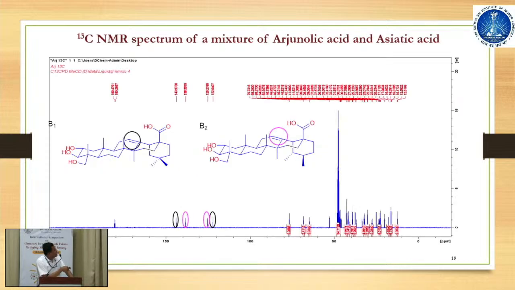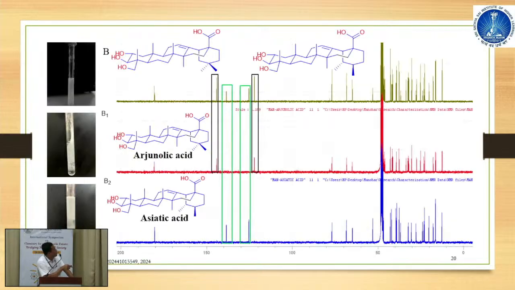Now if you see the 13C NMR, if both are present in the compound, you can see these 4 peaks here, and there are two peaks here. The pink colored circled peaks are of asiatic acid, and the dark black circles are of arjunolic acid. So we developed a method, and we successfully separated arjunolic acid and asiatic acid.